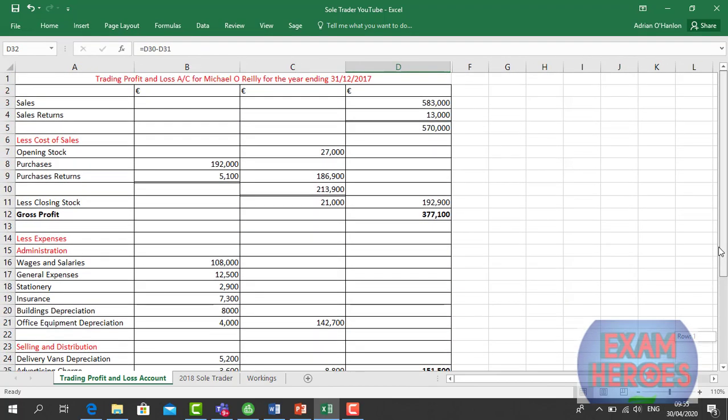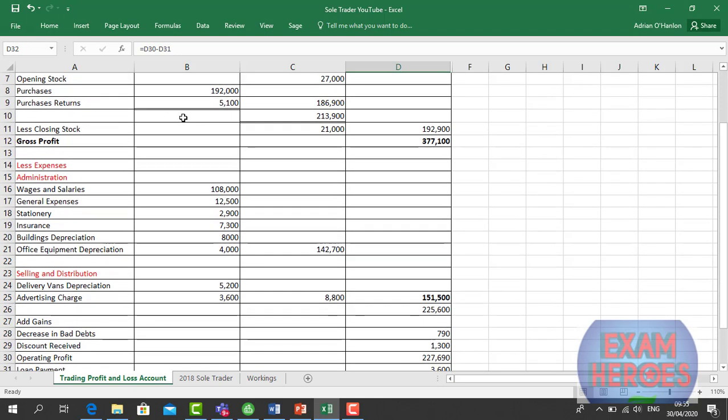Okay, so the first thing was to get our gross profit. Again, you always have a standard template like this. Sometimes you'll have carriage inwards as well, which will be added to your stock and purchases. And just to bear in mind, if you ever see carriage outwards, it's an expense and it will be in your selling and distribution. That's your gross profit.